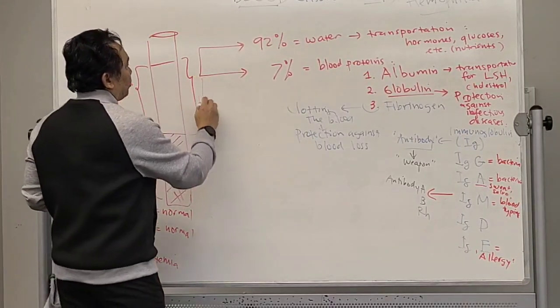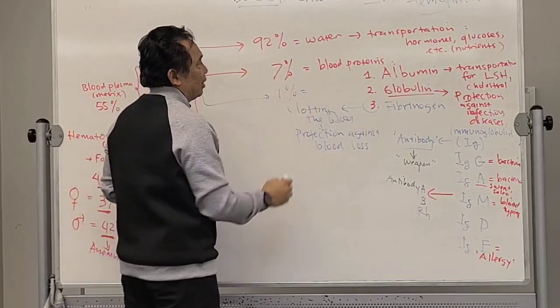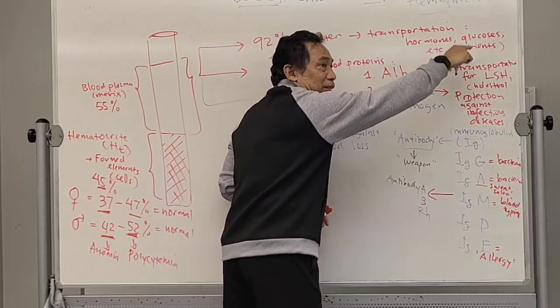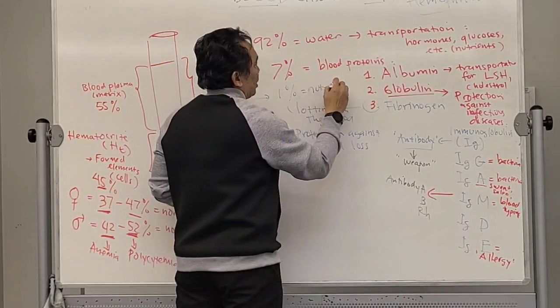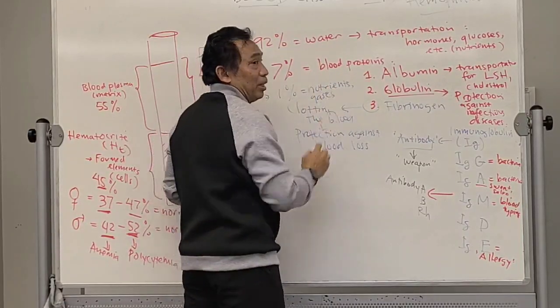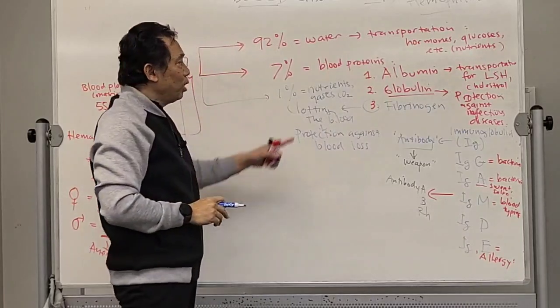And the rest over here, about maybe 1%, of course, consists of what is carried by the blood, like nutrients, gases, including carbon dioxide mostly. Oxygen will not be here.